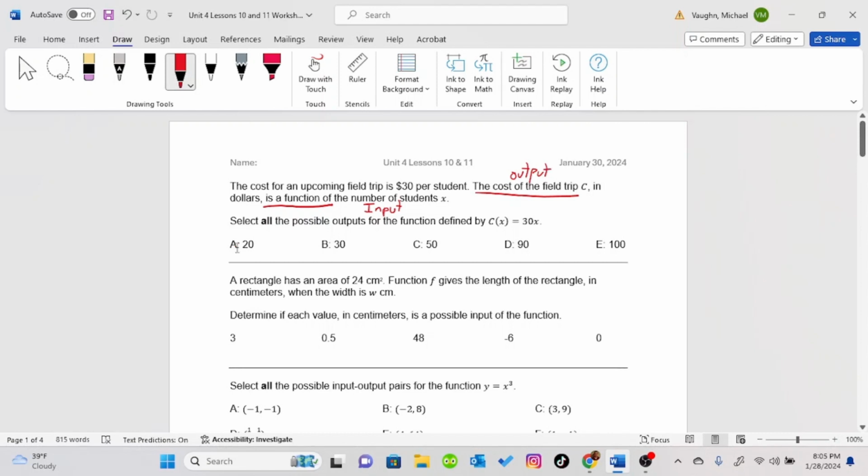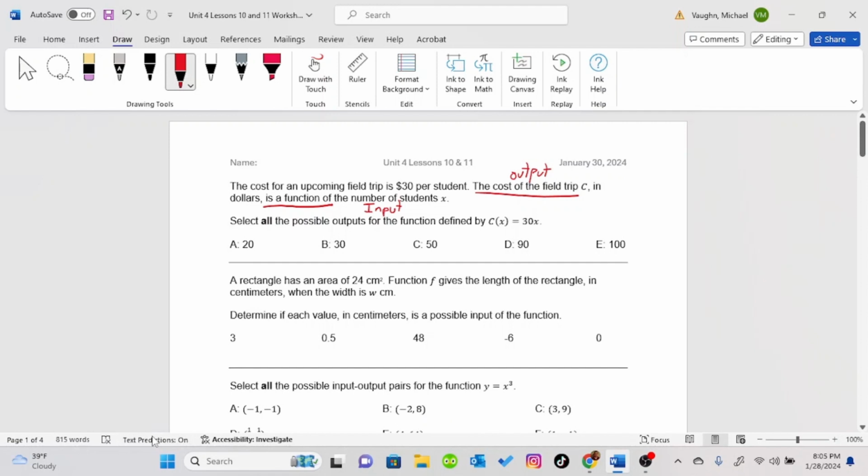So now that we know what the output is and what the input is, this question wants us to select all the possible outputs for the function defined by C of x equals 30x. So we have to think about this in context. Our input, x, is the number of students.